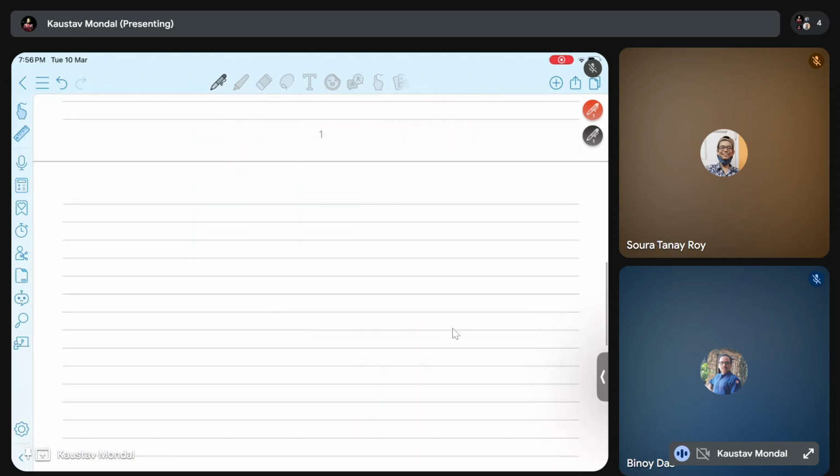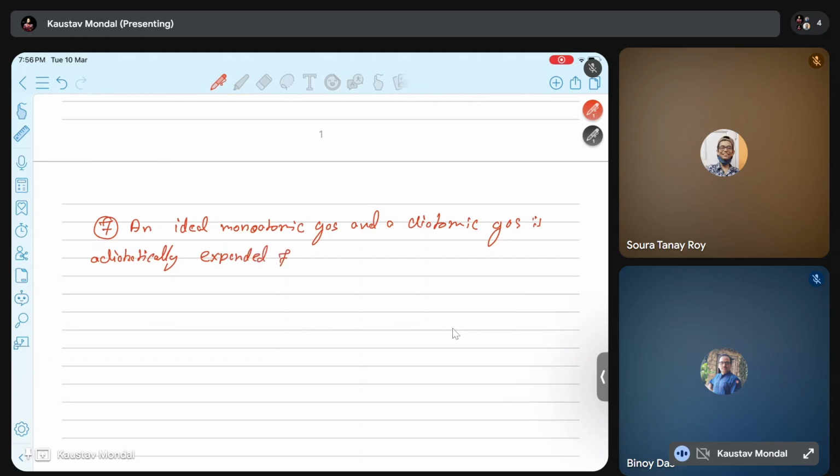Last problem, problem number 7. An ideal monoatomic gas and a diatomic gas are adiabatically expanded from pressure and volume Pi Vi to Pf Vf.